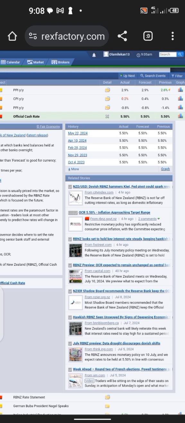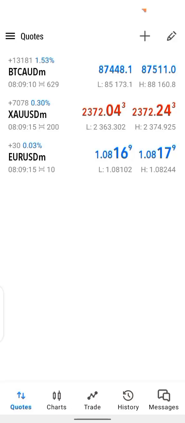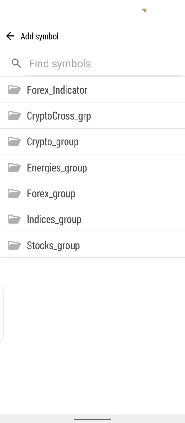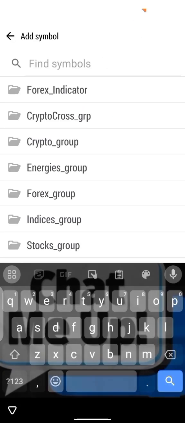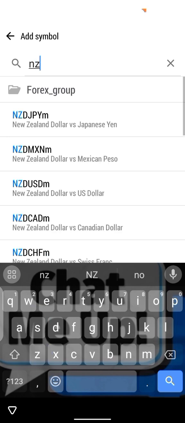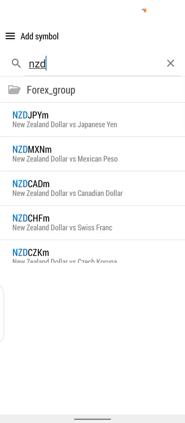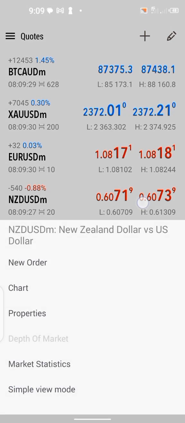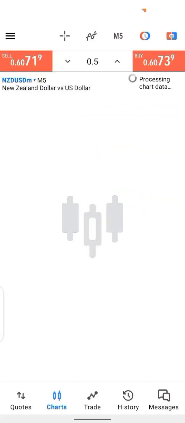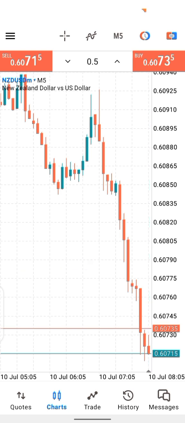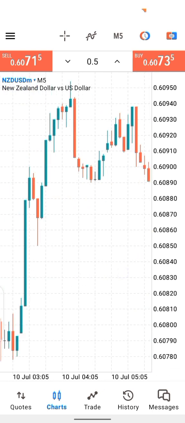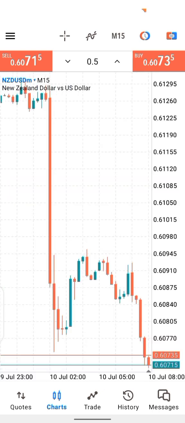So let's check our chart now. Let's go to the NZDUSD chart. We want to look at the news events on the chart. That's the 3 a.m. news. Let's put the chart on the 15-minute time frame.